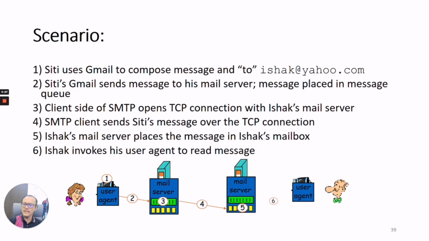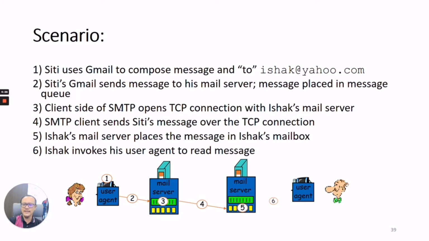So let's look into this scenario where Siti wants to send an email to Ishaq. Siti is using Gmail to compose a message, and it will send the message to Ishaq with the email address ishaq@yahoo.com. Siti's Gmail sends the message to her mail server, which is the Gmail server, number 3 here, and the message is placed in the message queue.